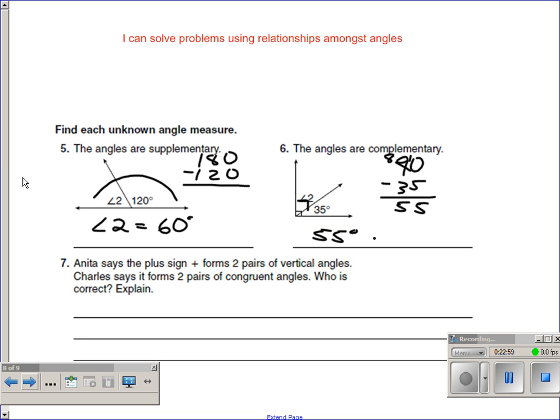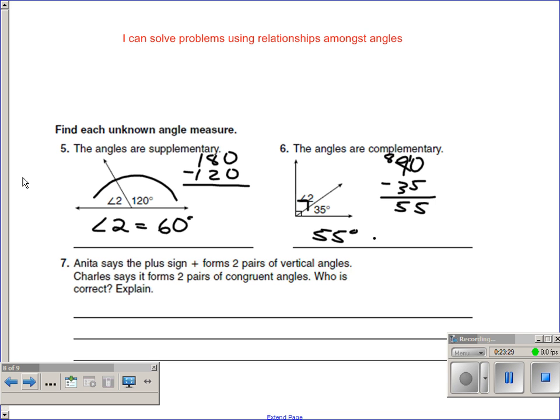Anita says that the plus sign forms two pairs of vertical angles. Charles says it forms two pairs of congruent angles. Who is correct? Yes.